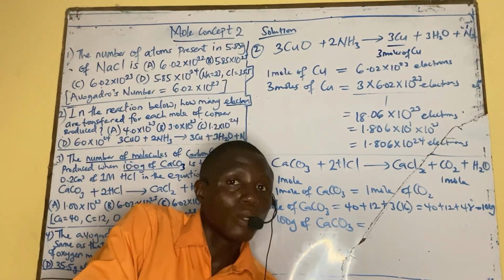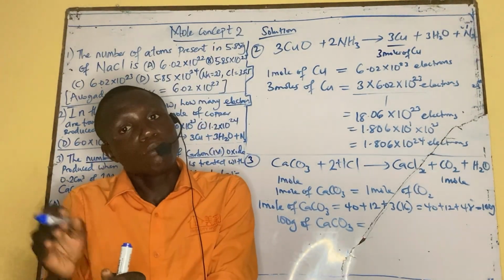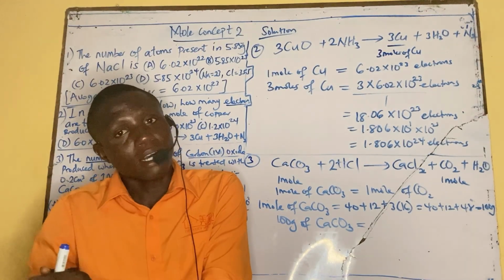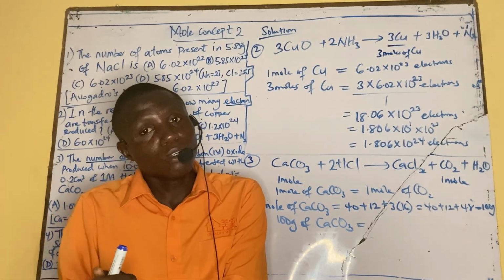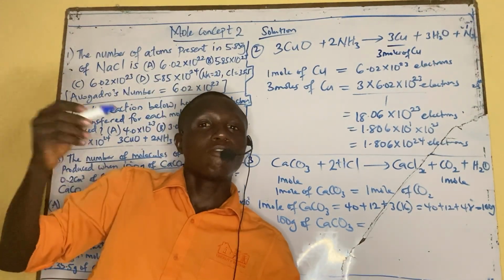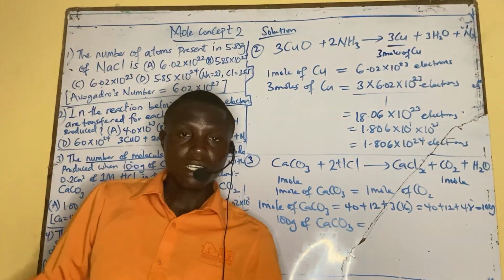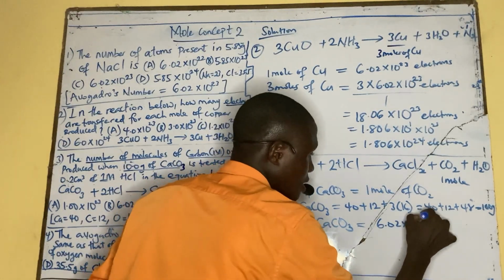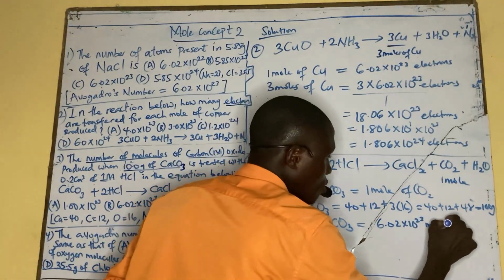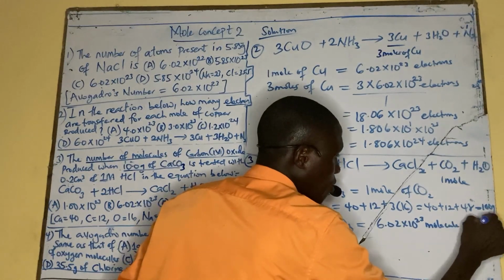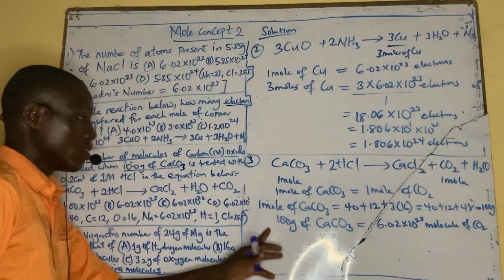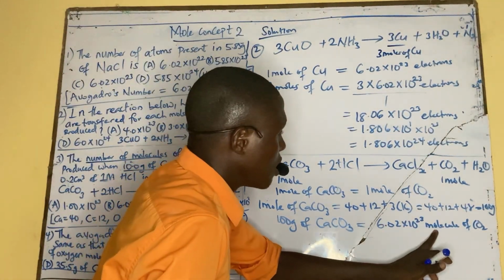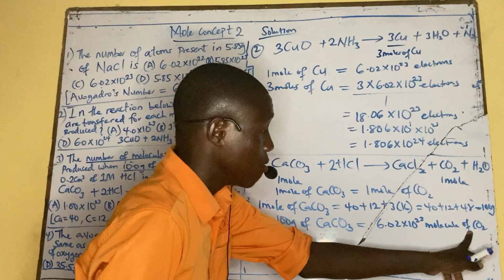Now, because we are considering molecules, instead of that number we replace it with molecules, because we are calculating the number of molecules of carbon 4 oxide produced. So 100 grams of CaCO3 is equal to 6.02 times 10 raised to power 23 molecules of carbon 4 oxide.